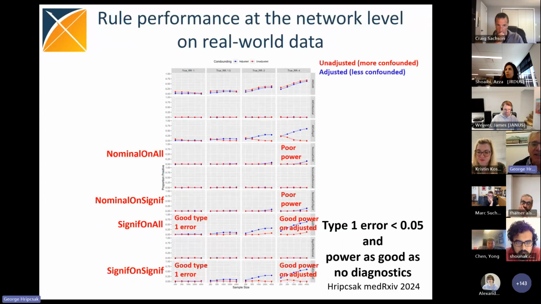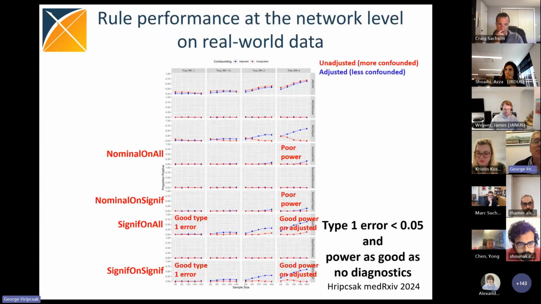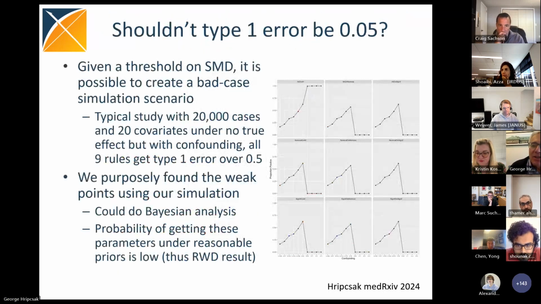So what we're finding here, there are only 2 algorithms that really work. I'm going to get to which one wins in the long run in a moment. And now, if you look, some of my type 1 error is not 0.05, it's like 0.1. Shouldn't it be 0.05? Why am I accepting a rule that's not perfect? And the answer is because of the nature of the thing.